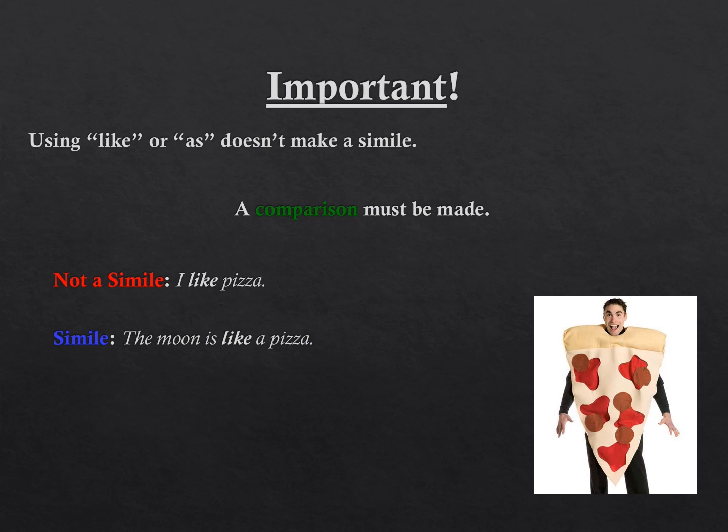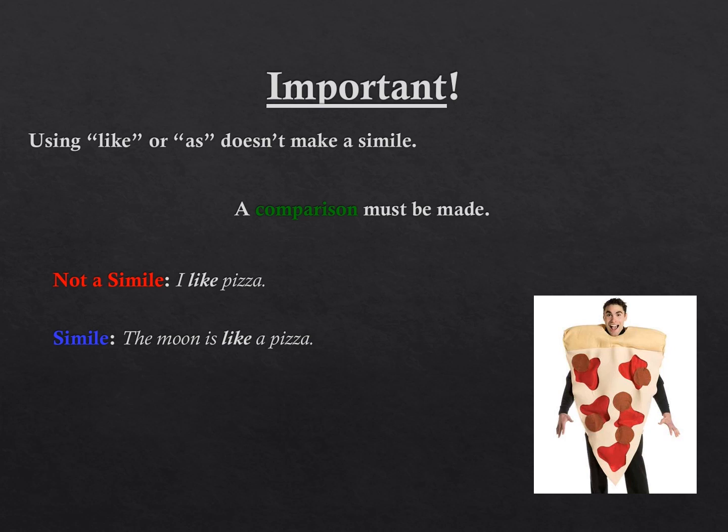Here, I like pizza. In this first example, we have the word like, but we have no comparison. In the second example, the moon is like a pizza. Now, this is where comparison is present. The moon and pizza are being compared. Hence the use of the word like.